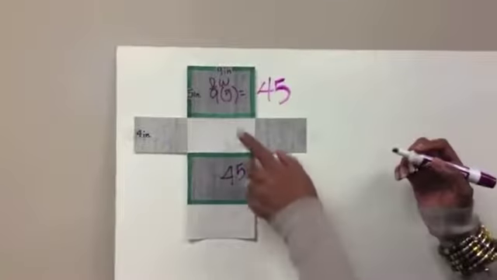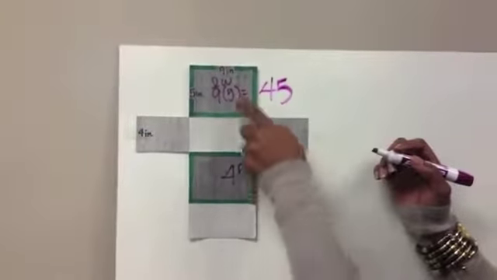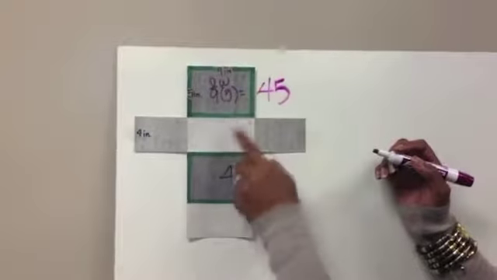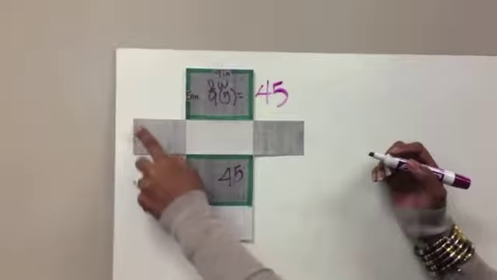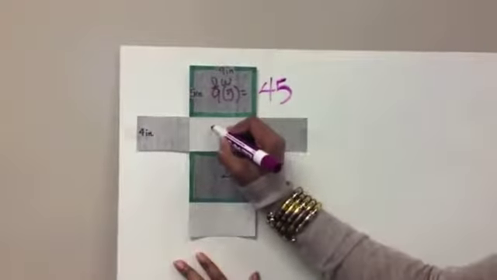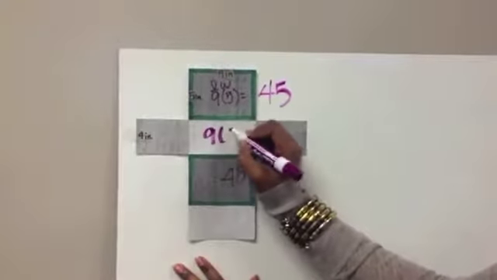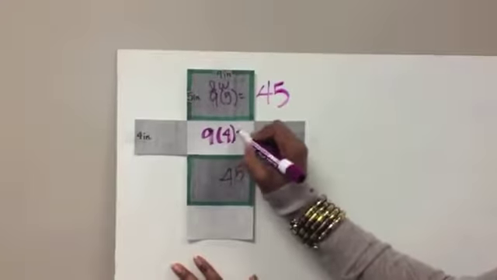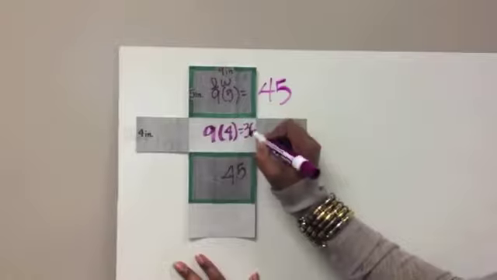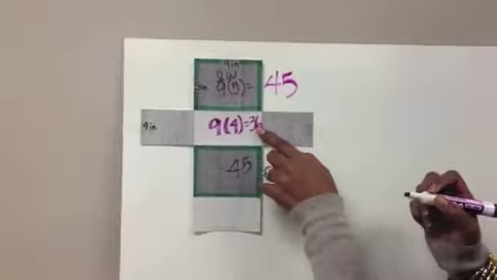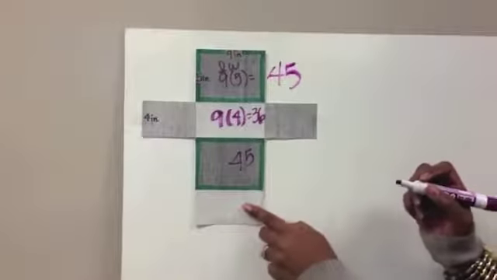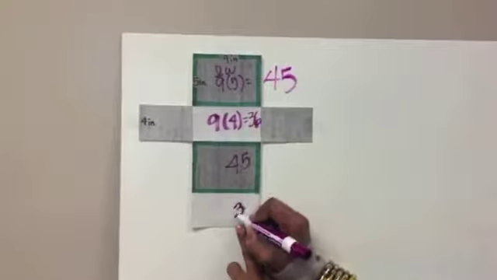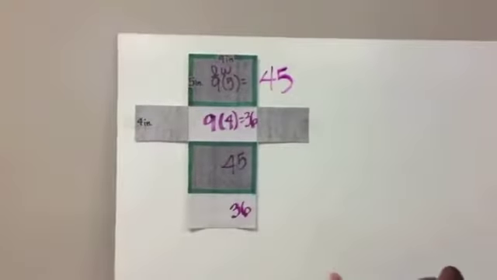When I go to this next face, I can see that the length of it is 9 and the width is the 4. So for the area of that rectangle, I'm going to do 9 times 4, which gives me an area of 36. And I know that that one, the front of this, is going to be the same as the back, so it'll be another area of 36.